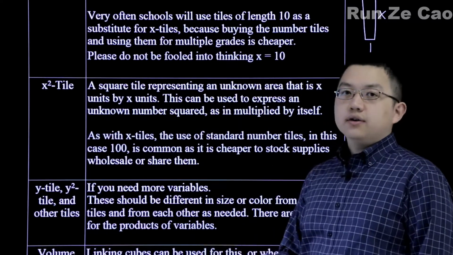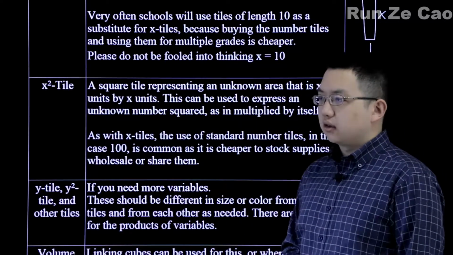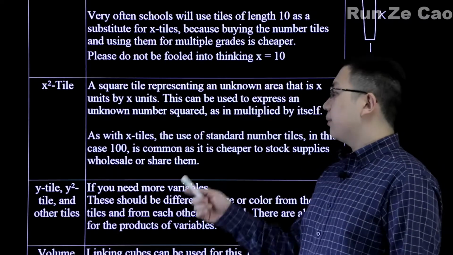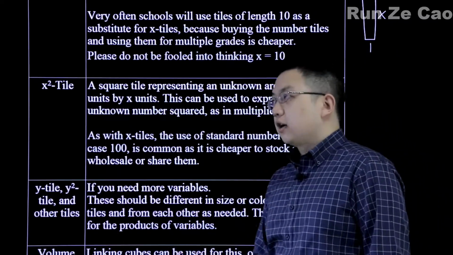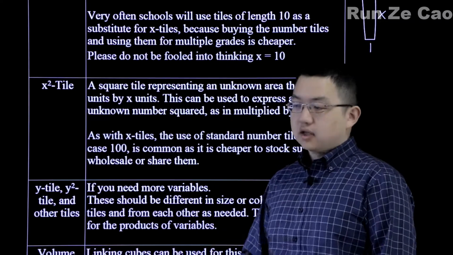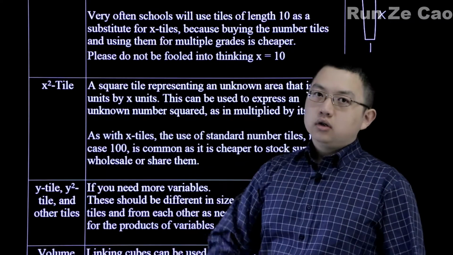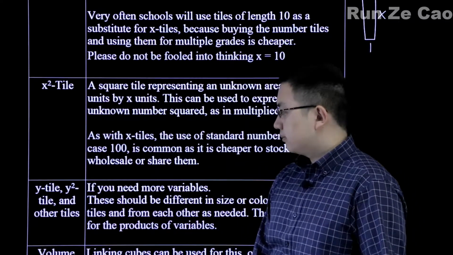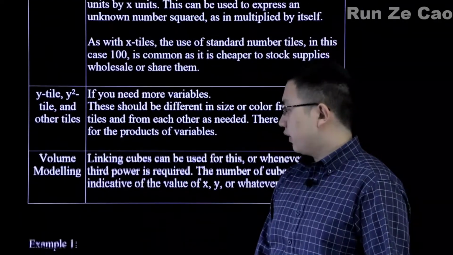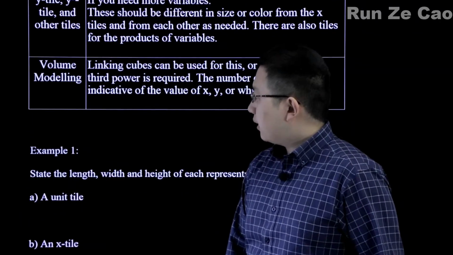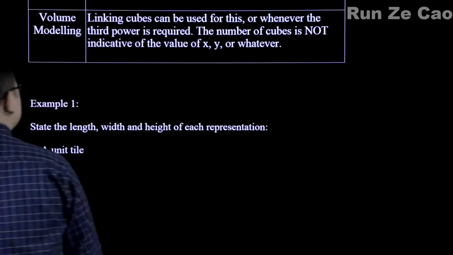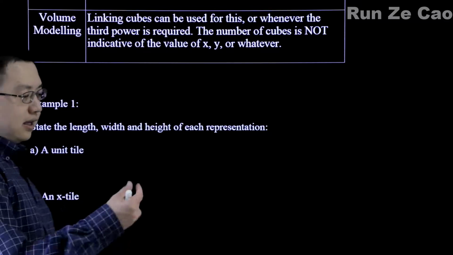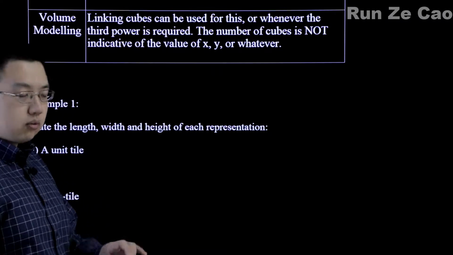As with X tiles, often when you model this in school, in class, you will end up using standard number tiles, which means that this comes out to the 100 square. Volumes. Volumes can be modeled by linking cubes or by stacking little 1 cubes.